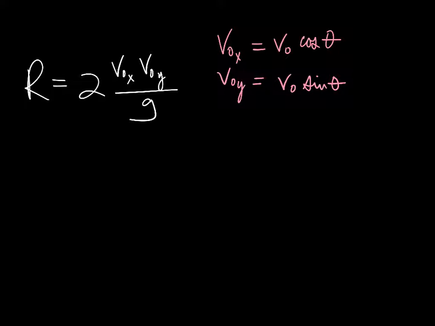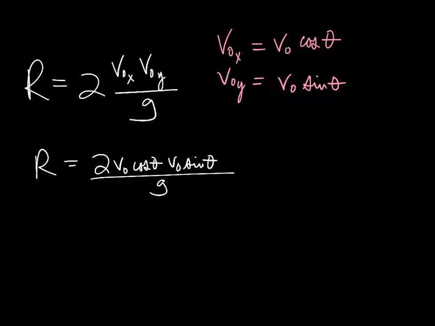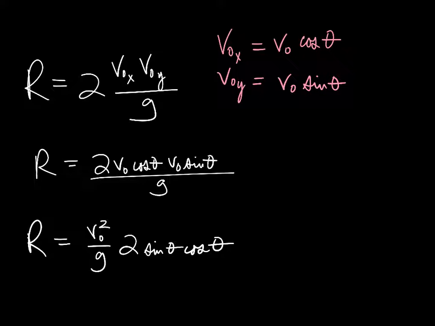So that means that my range equation could be written as 2 V naught cosine theta, V naught sine theta, all over g. Which means my range equation could be written as V naught squared over g times 2 sine theta cosine theta.